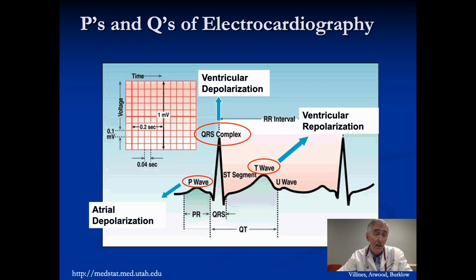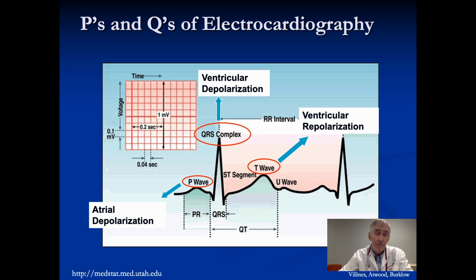Now the QRS begins with the onset of whatever major wave is there: the Q wave, which is the initial negative depolarization, or the R wave, which is the positive depolarization, or the S wave, that is the negative depolarization, and it ends at the J point.